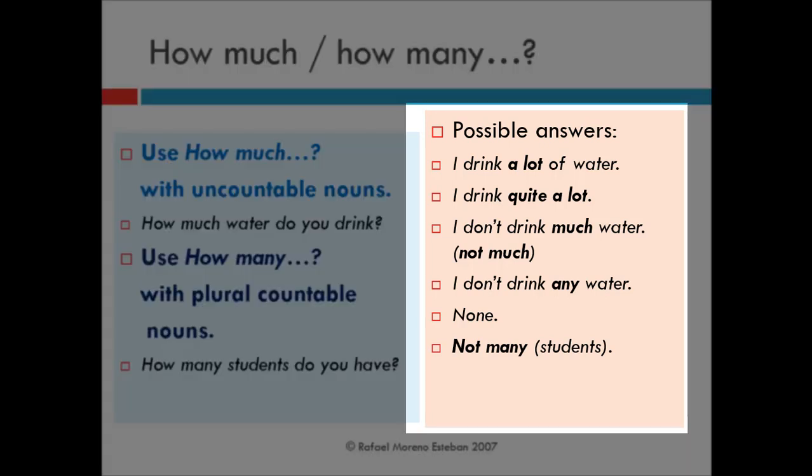More examples: I drink a lot of water. All right, so a lot of is a neutral expression for a particular, unspecified quantity of things. And you can also say I drink quite a lot. I don't drink much water. Okay, I don't drink any water.